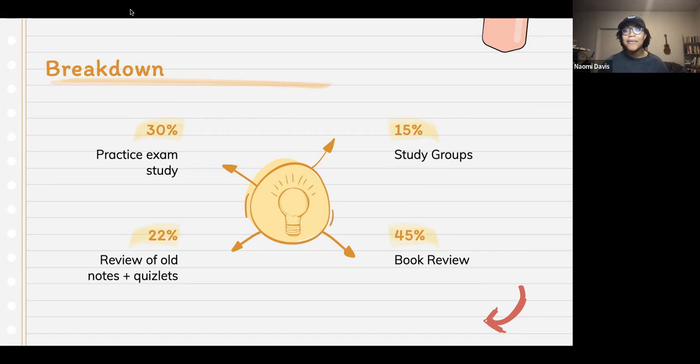Or I would take the book and the vignette and ask, what domain do I think this is addressing, and what part of this domain do I think this is addressing? And then on another day, I would just focus on the practice exam and go through it chunk by chunk.